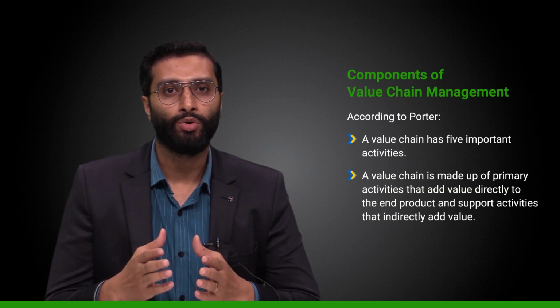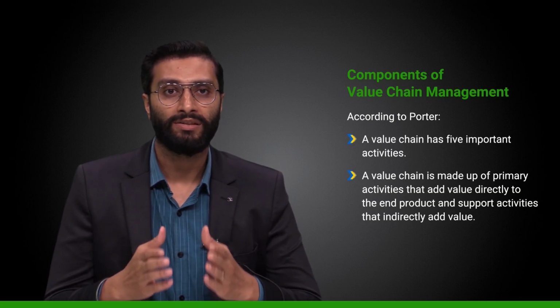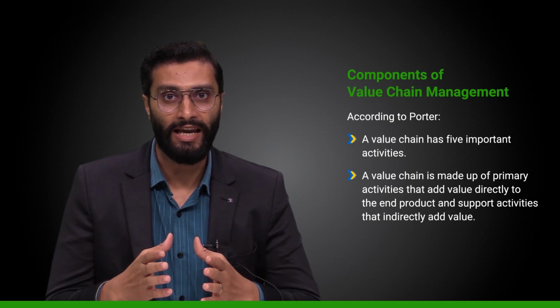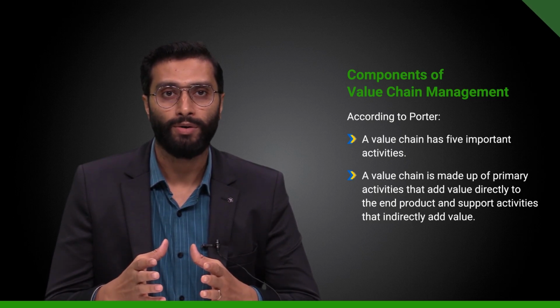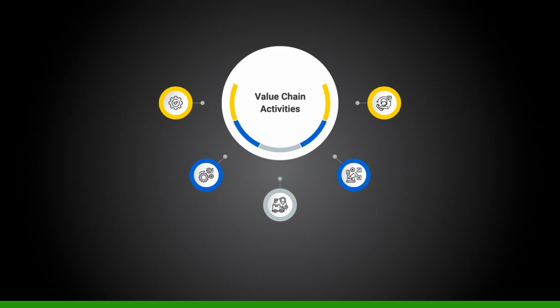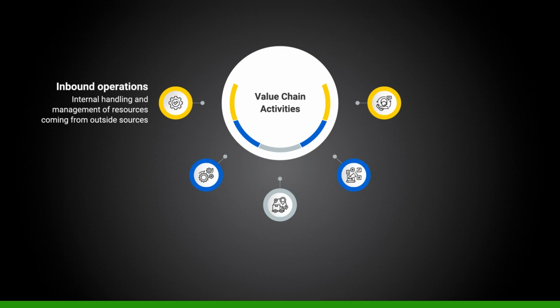Primary activities contribute to a product or service's physical creation, sales, maintenance, and support. These activities include the following. Inbound operations: the internal handling and management of resources coming from outside sources such as external vendors and other supply chain sources.